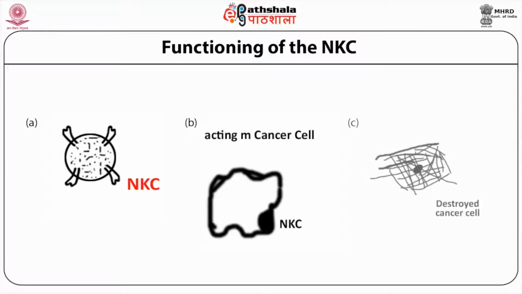In the C part, the NKC has punctured and destroyed a large cancer cell. Finally, in the D part, what we see is that the tumor cell structural matrix is all that remains after its encounter with the NKC.